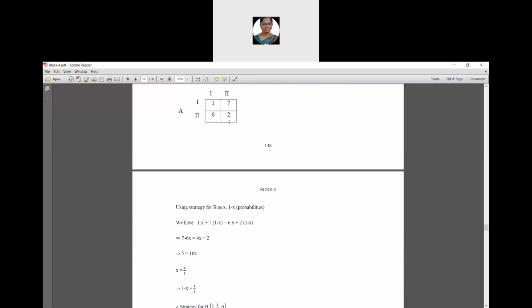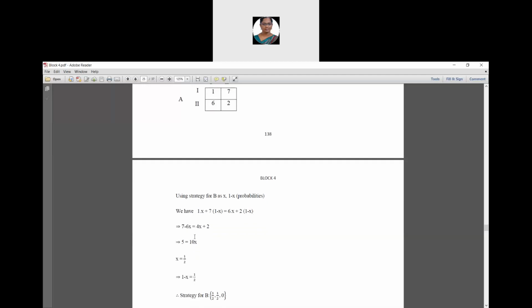Now, using strategies for B as x and therefore 1 minus x, we have 1 into x plus 7 times 1 minus x, which is equal to 6 into x plus 2 times 1 minus x.